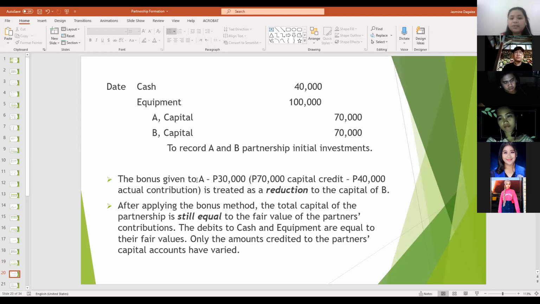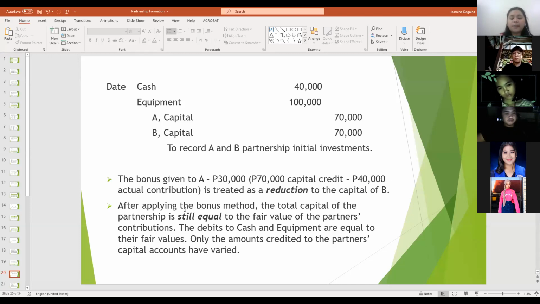Yan. The bonus given to A by B is 30,000. 70,000 capital credit minus 40,000 actual contribution is treated as reduction to the capital of B. So deduction siya from B capital. From 100,000 na contribution niya, 70,000 lang yung na-credit sa kanya.